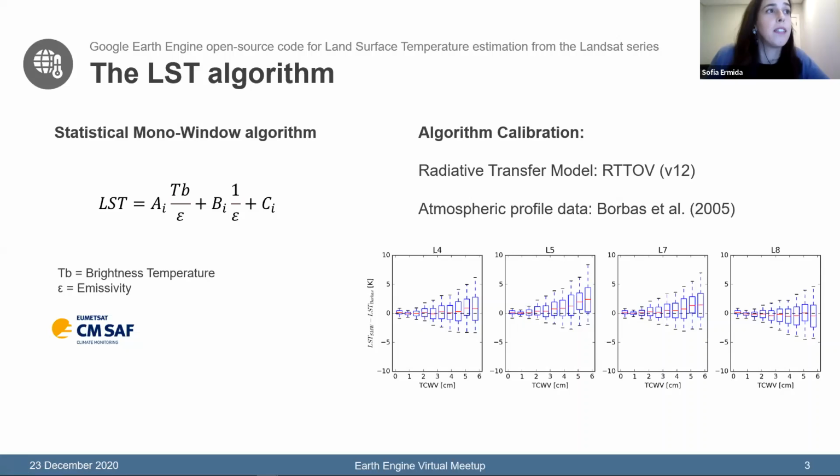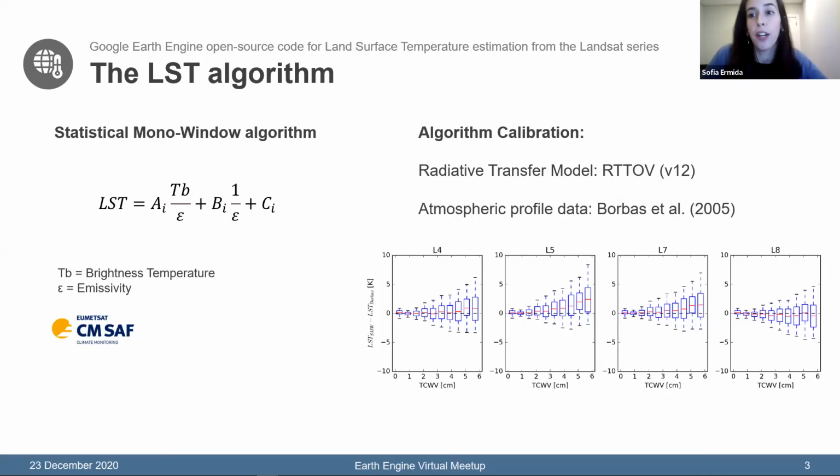And as you can see, the algorithm works reasonably well. Obviously, as you go towards the very high water vapor contents, you start to have larger errors because of the interference of the water vapor in the signal. But this is just something that we really can't do much about, especially when you only have one channel.